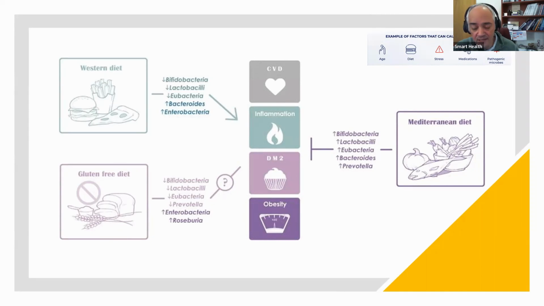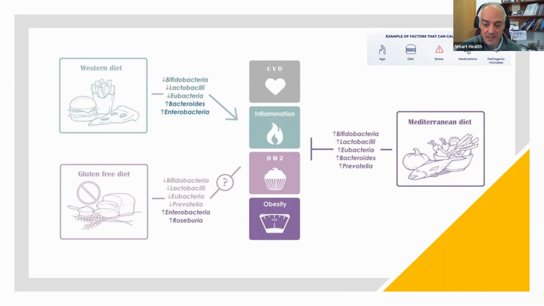Various scientific interventions have been done in healthy populations, and it is very clearly shown scientifically that when one changes to, for instance, a Mediterranean diet, there is a high abundance and diversity of health-promoting bacteria and a low abundance of pro-inflammatory bacteria.